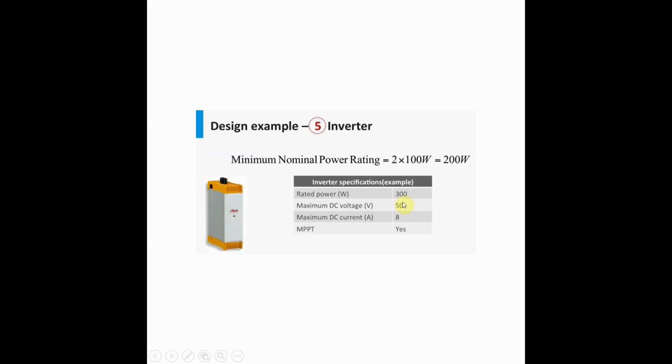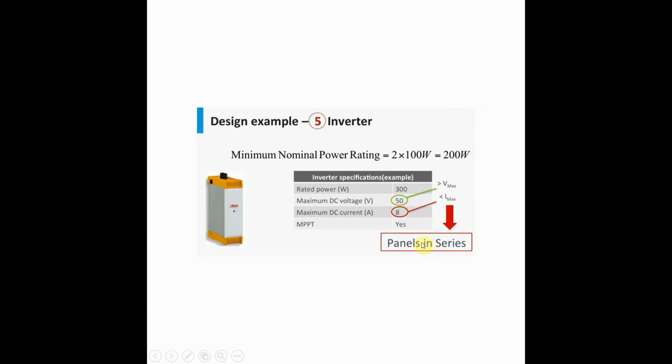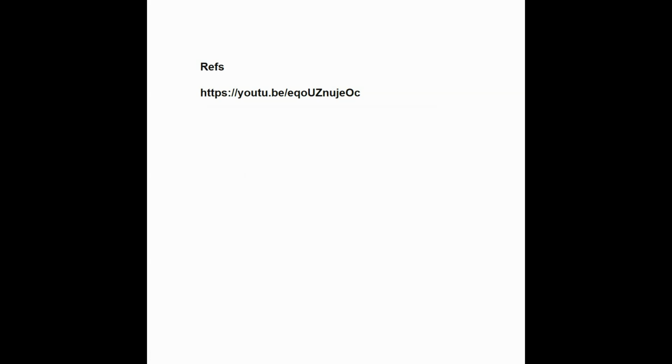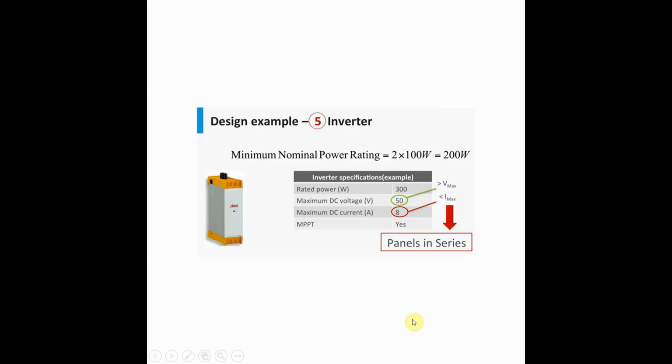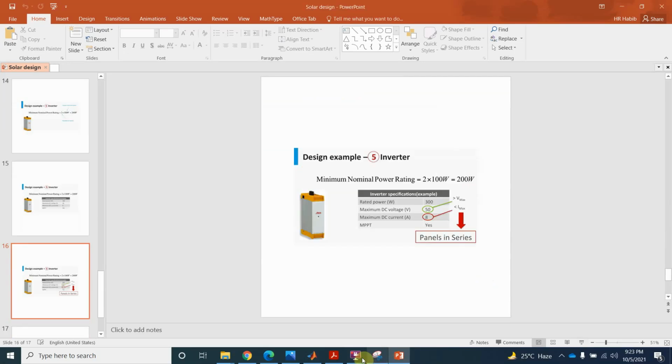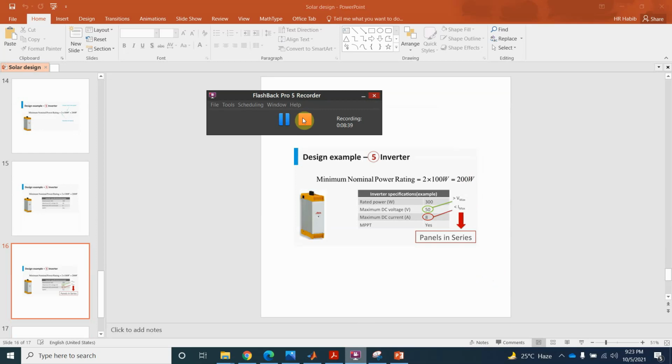Because 40 volt is within the range of this inverter voltage, we will connect two panels in series, and then the output of the PV panels will be connected to the inverter and then to the load. So in this way you can design the PV system.